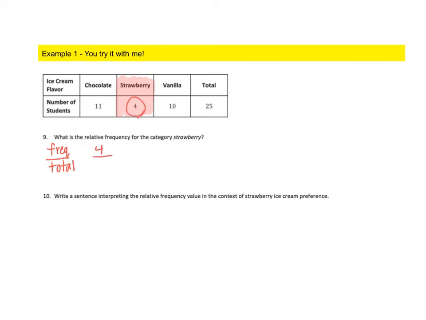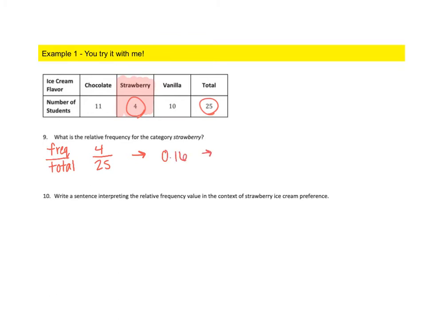And what's the total number of students surveyed here? 25. Okay, so please take a second to turn that into a decimal in your calculator. 4 divided by 25. Give you about 10 seconds.